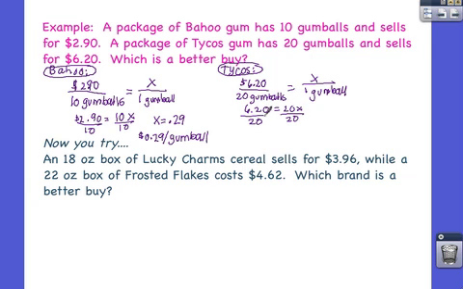Divide both sides by 20. And you get that x equals 0.31 or 31 cents per gumball. So now that we can see that Bahu gum is 29 cents per gumball and Tychos gum is 31 cents per gumball, we can say that Bahu gum is a better buy.